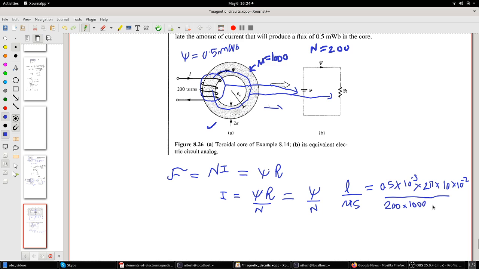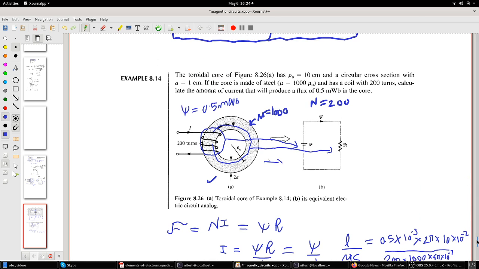Mu 0 is 4 pi into 10 raised to minus 7, so 1000 into 4 pi into 10 raised to minus 7, into the area pi a square.